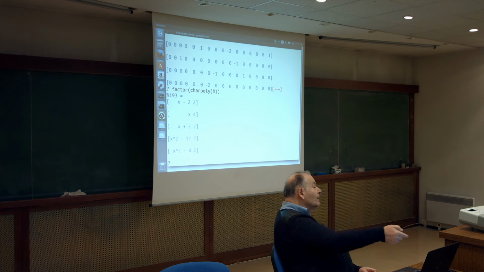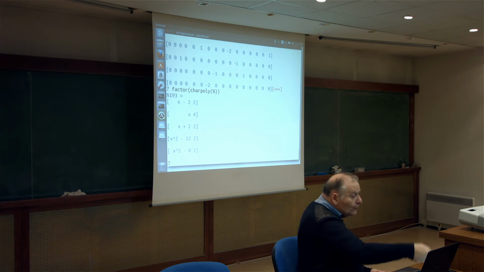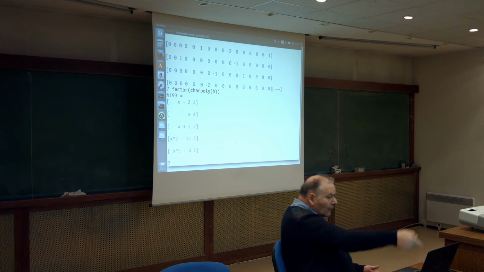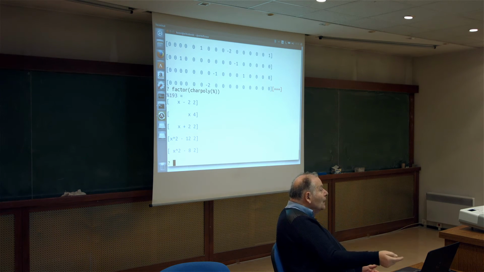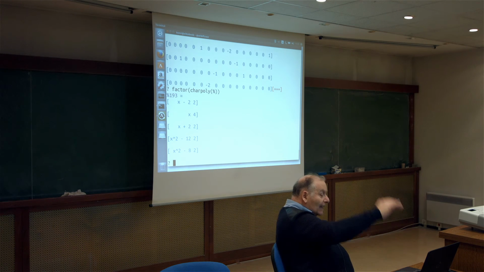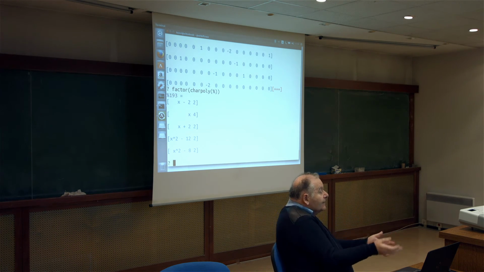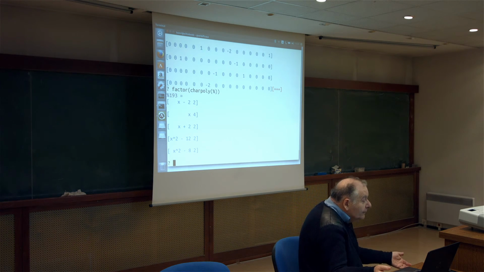You see that's absolutely characteristic of the things which are bad. Everything has a square. The powers are 2, 4, 2, 2, 2, 2. So I can split my space in 5 pieces corresponding to x minus 2 squared, x to the 4, and so on. But once this is done, I can't go any further.